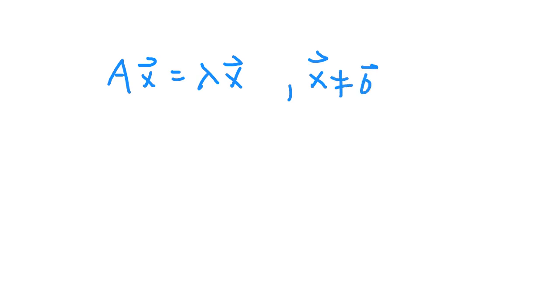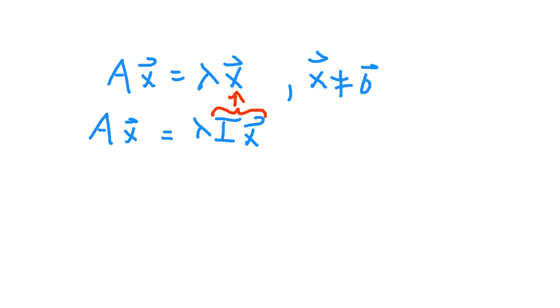So if you have A times x equals lambda x, and we're assuming x is not equal to the 0 vector, x is the eigenvector, lambda is the eigenvalue, you can write A times x equals lambda times an identity matrix times the vector x. Because if you take the vector x and multiply it by the identity matrix, you're going to get the vector x.